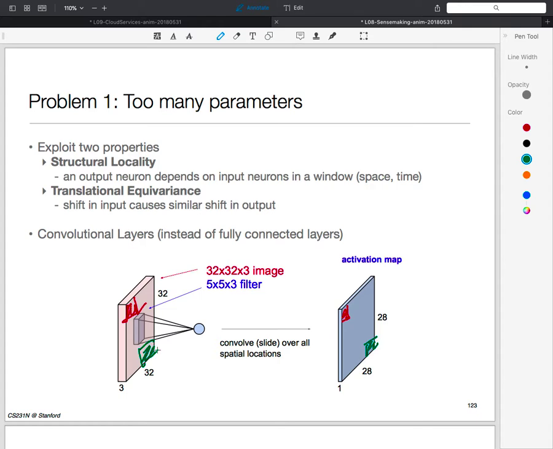And moreover, the way it depends is exactly the same. It's the same set of weights, the same pattern. You can think of it in space, you can think of it in time. So now, instead of that large number of weights, 10 times 3072, I only have 5 times 5 times 3 weights.